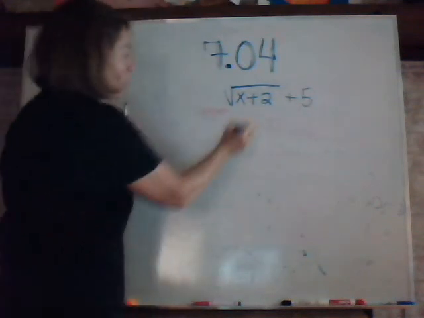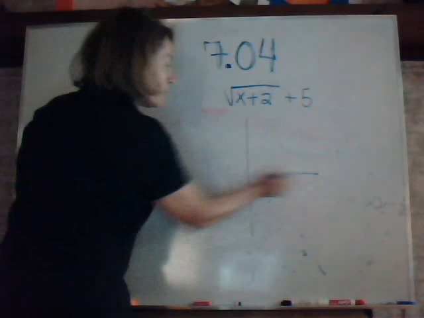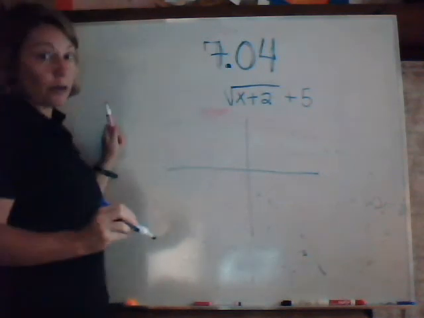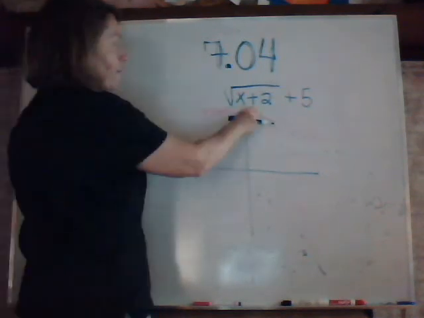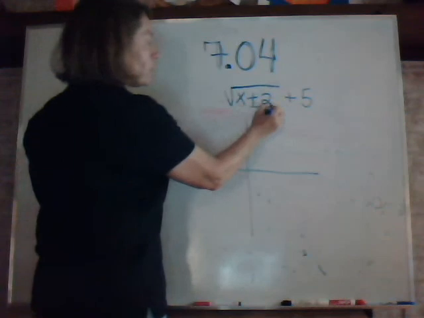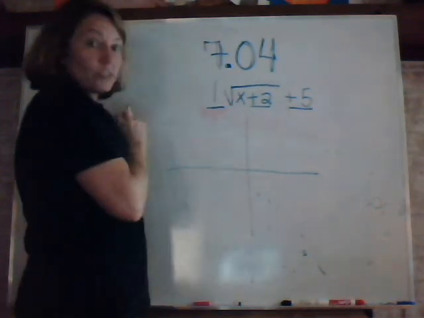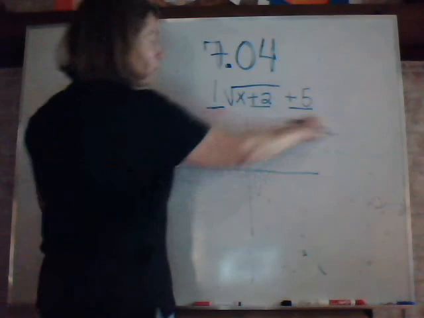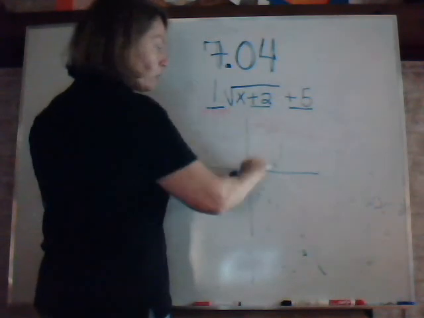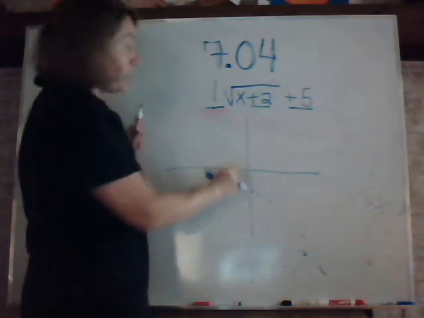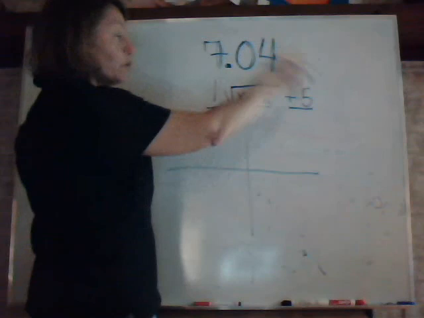So I like to draw myself a little sketch. I think it's easier to do domain and range if I have a graph. So what was at the origin is going to shift to h, k. I have an a of 1, don't I? So it's still going to be a square root function, and it's not going to stretch it, or flatten and compress it. It's going to stay the same curve.